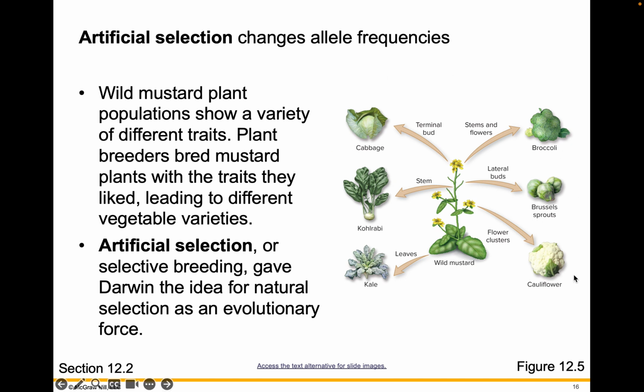So all these plants, if you're a gardener, belong in the group called Brassicaceae. Cabbages, kohlrabi, and kale, broccoli, Brussels sprouts, cauliflower are all very closely related plants. And they were created by selectively breeding or artificially selecting for specific traits from the wild mustard plant.